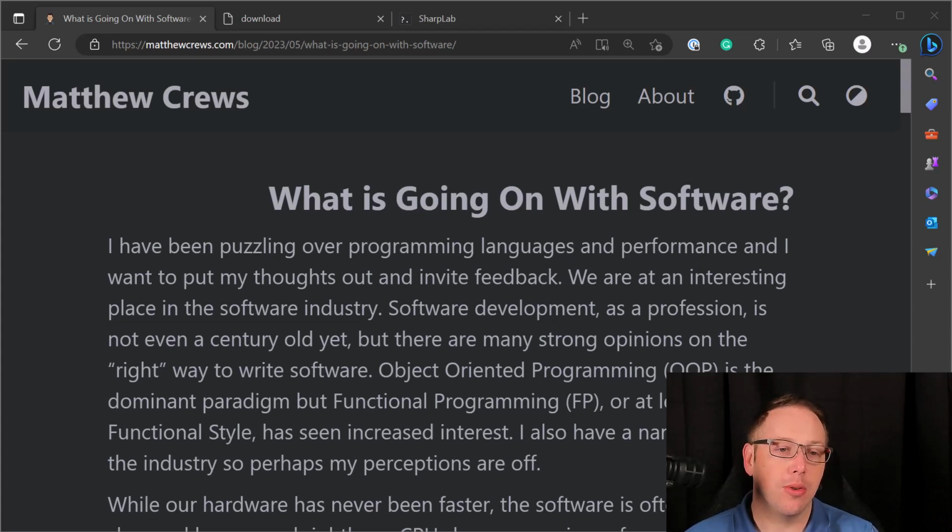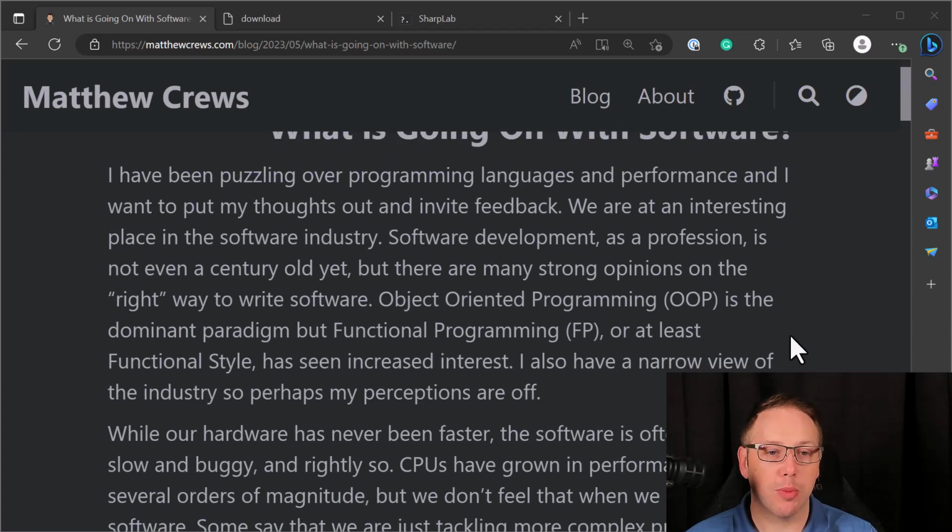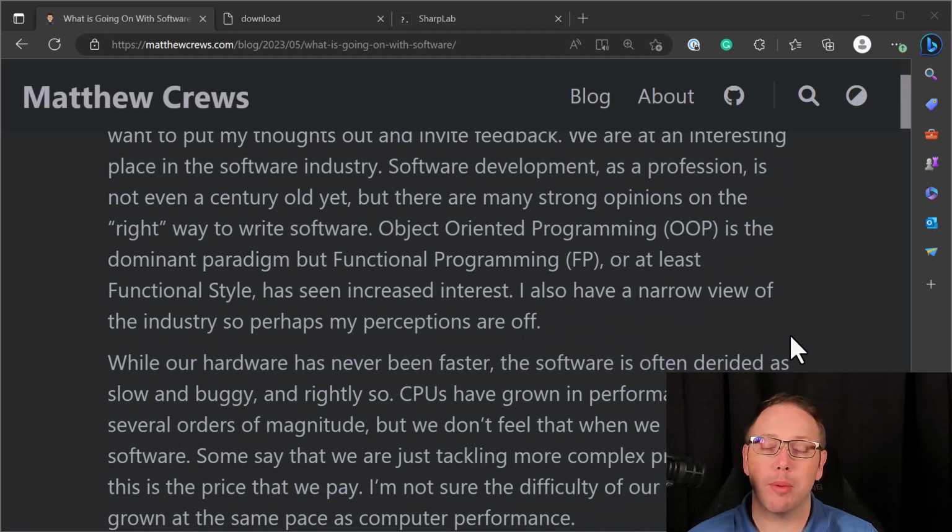In this article, I start out by exploring the common paradigms that we are using for composing software. Object-oriented programming is still the dominant paradigm. Functional programming has made a lot of inroads, and we are seeing that a lot of classically object-oriented programming languages have added many functional features.